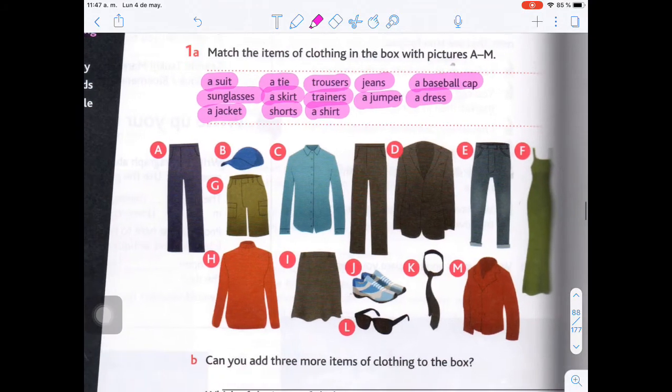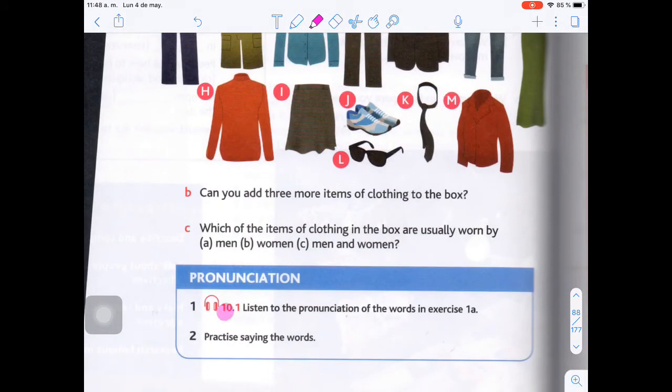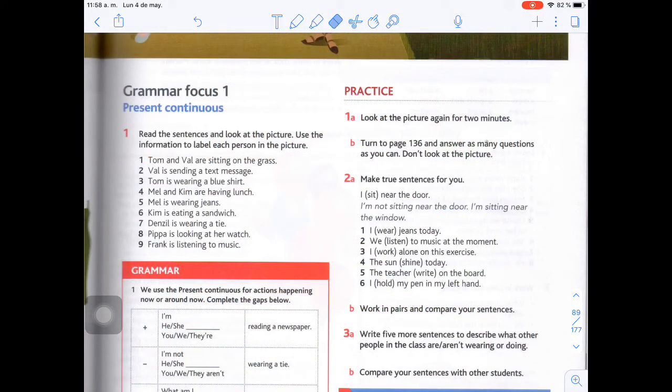Okay, also in the material you have, so you can also listen to those words from the web page. Okay, now we will continue with the present continuous.